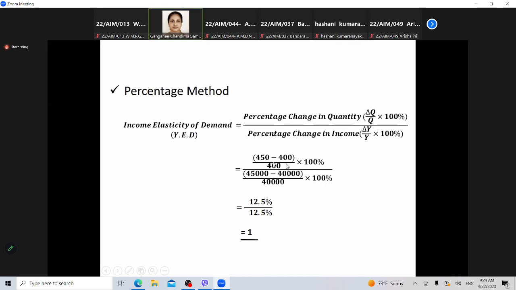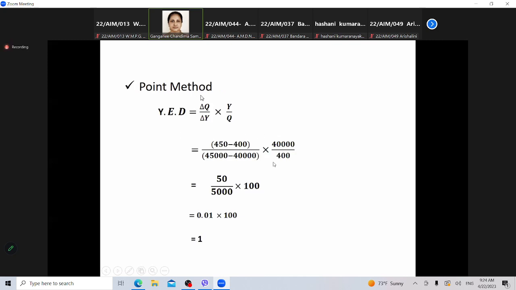But see the difference here. You just take the quantity change and the income change and multiply by initial income and initial quantity. Is this correct too?